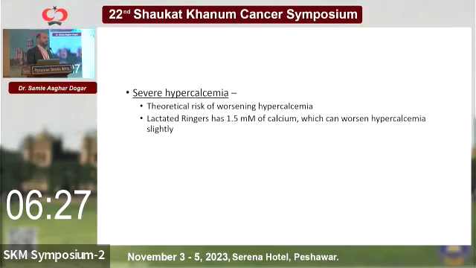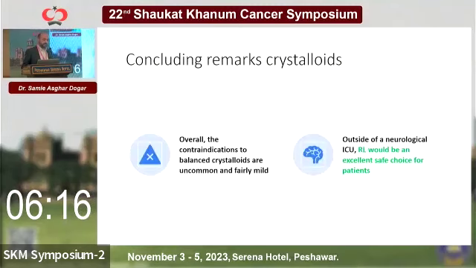The other contraindication for Ringer lactate is hypercalcemia. There is also a theoretical risk of worsening hypercalcemia because it contains 1.5 millimoles of calcium. So concluding remarks about crystalloids: overall, the contraindications to balanced crystalloid are uncommon and fairly mild. Outside the neurological ICU, Ringer lactate would be an excellent, safe choice for patients.